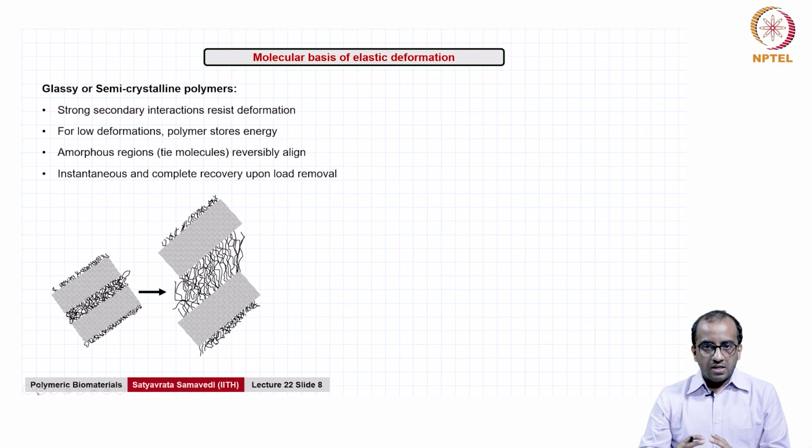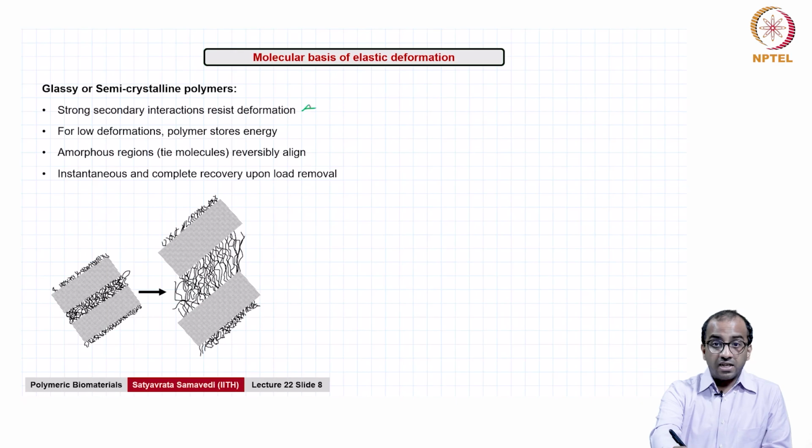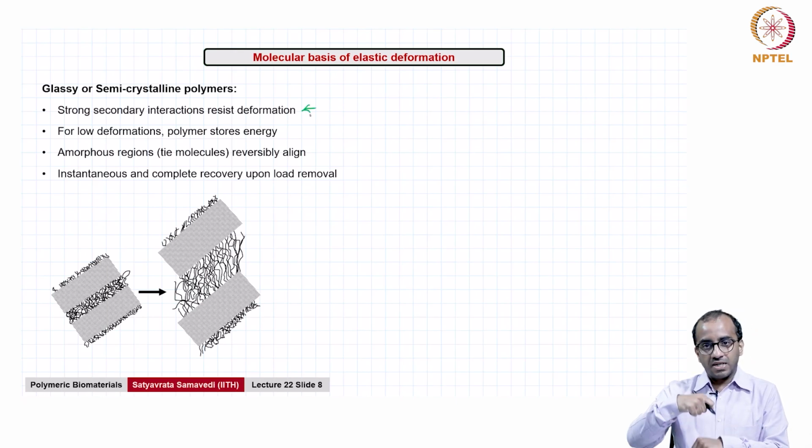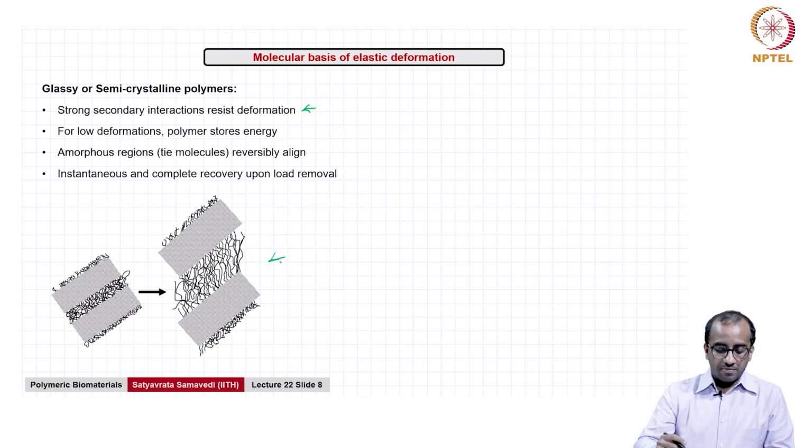where in the elastic regime, for many of these brittle and ductile polymers, you have secondary forces that stabilize the structure, right. So, as you are pulling the material mechanically, these strong secondary interactions between these chains resist the deformation, and shown here is an example of a semi-crystalline polymer.